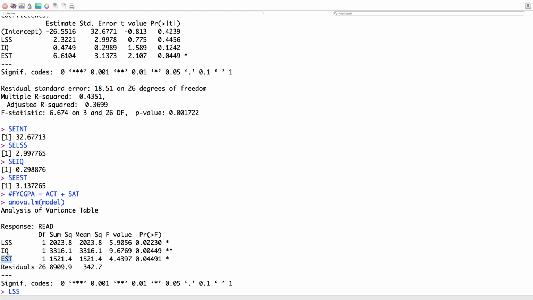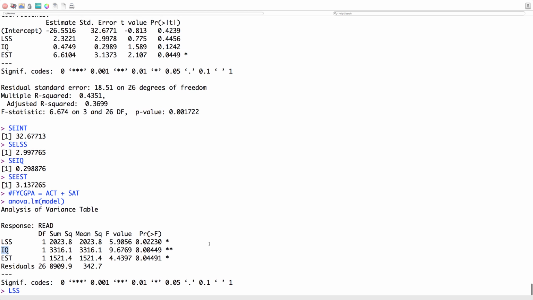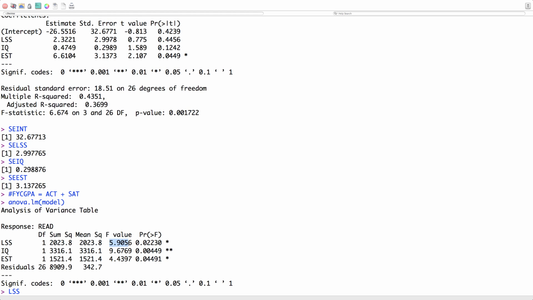The sum of squares for EST is calculated with the consideration that LSS and IQ are already in the model. So it's a sequential calculation of our F value and our probability. Guys, at the end of the day, we don't rely on this to make decisions that we're interested in right now. Okay, now that that's completely and utterly confused, we want to start now looking at, hold on.